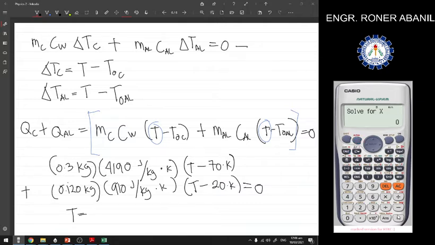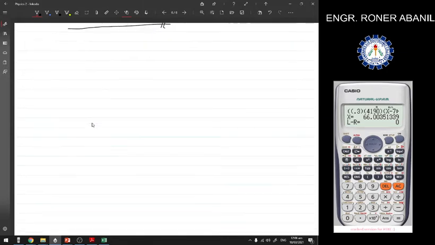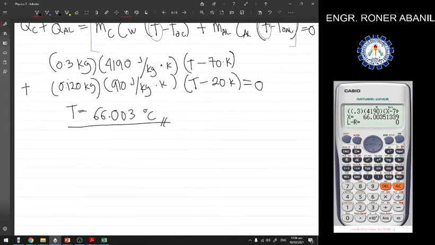Shift solve. Ang lalabas is 66.003 degrees Celsius. Yan ang answer natin sa problem number 7.